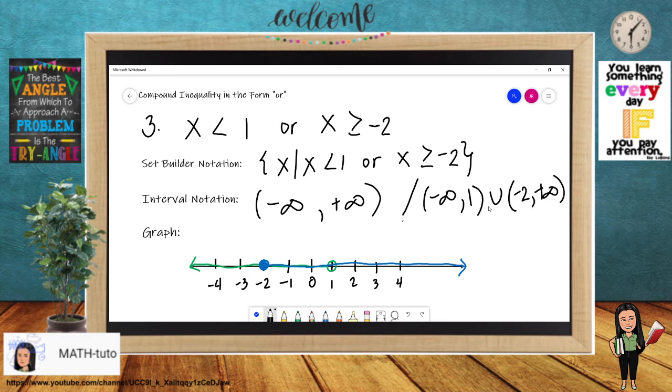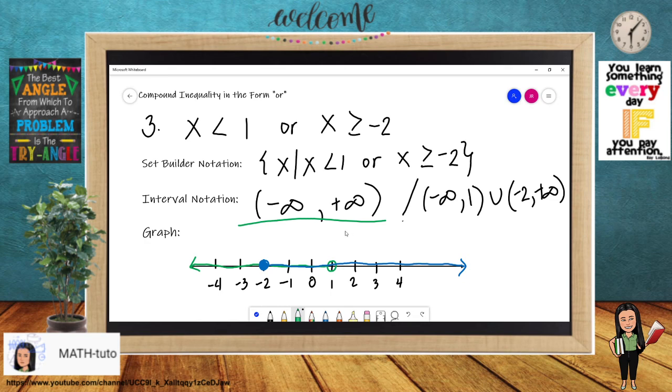As you can see here, positive 1 and negative 2 overlap. Since this is negative infinity to 1, the numbers from negative 2 until positive infinity are also included in this interval notation. So, we can just write it like this: from negative infinity to positive infinity.